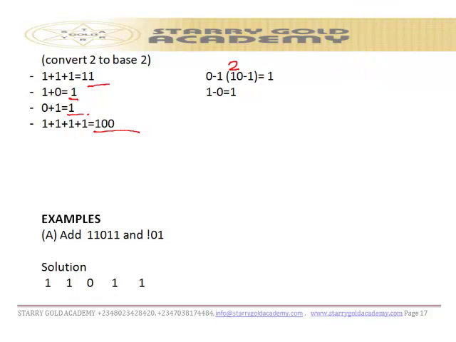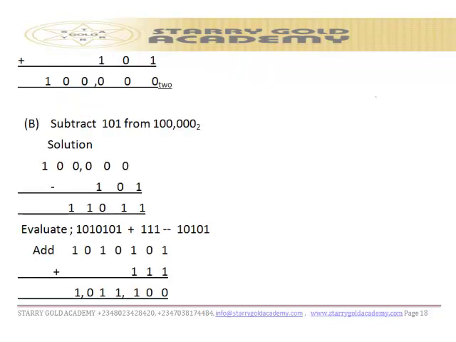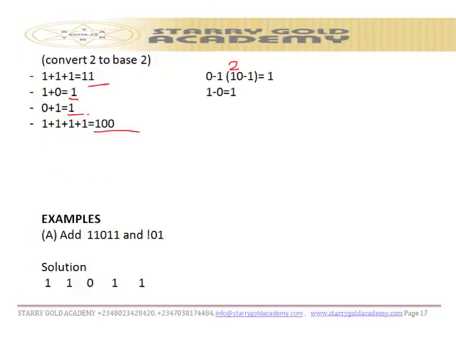Let's rock these binary numbers. So we have the first question on addition. We have to add 11011 and 101.